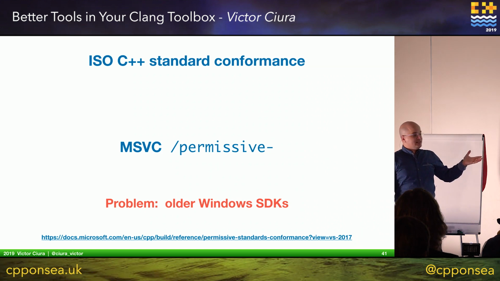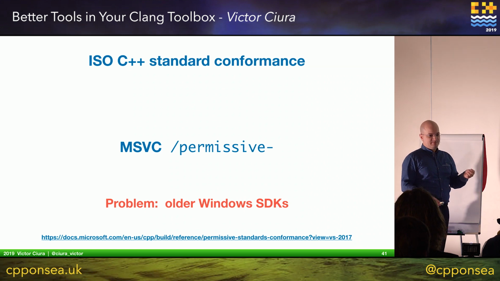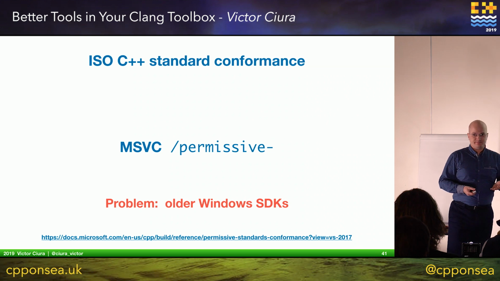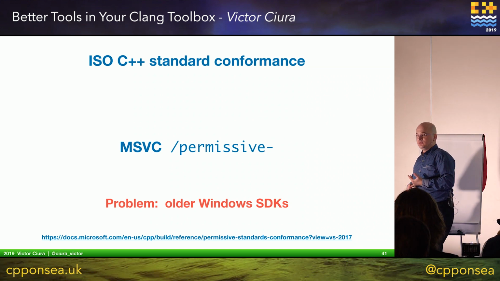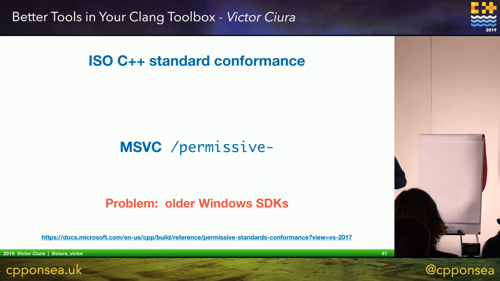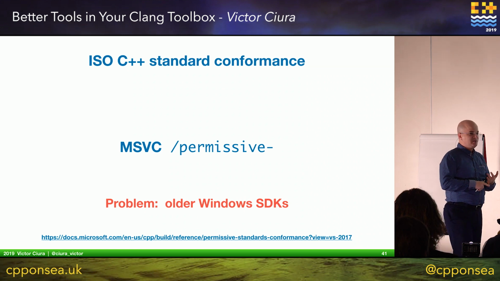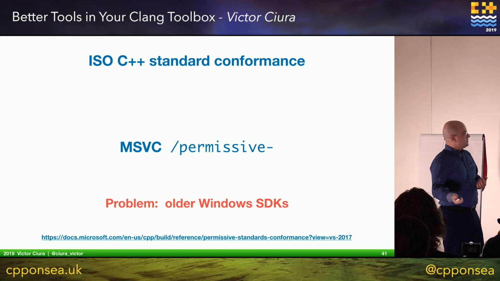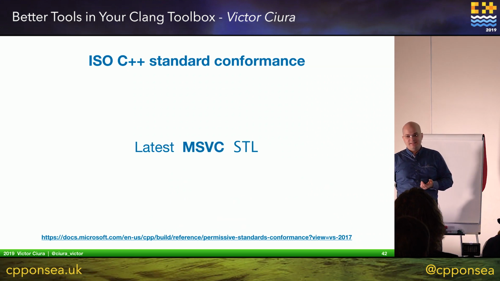But older SDKs are a problem because they will not compile under permissive minus. So why would you bother with older Windows SDKs? Well, for example, if you're targeting Windows 7, or some of you are still targeting maybe Windows XP, like we do. So there might be reasons why you cannot be on the latest and greatest Windows SDK. I'm going to give you some pointers on how to deal with that.